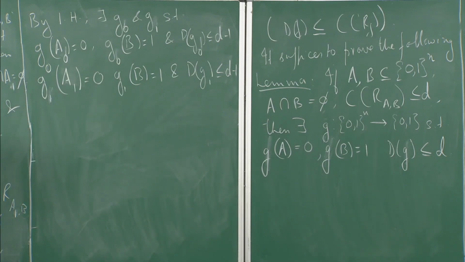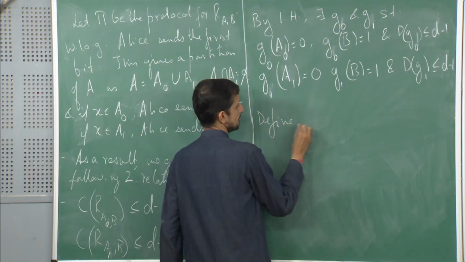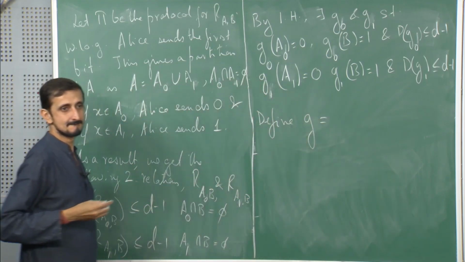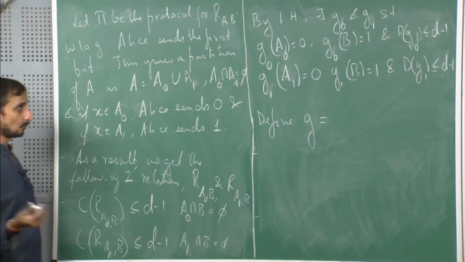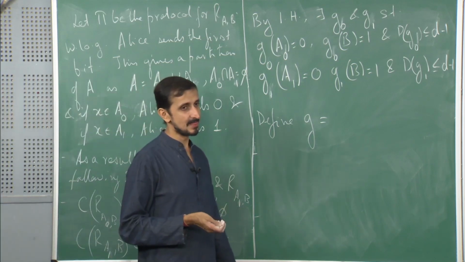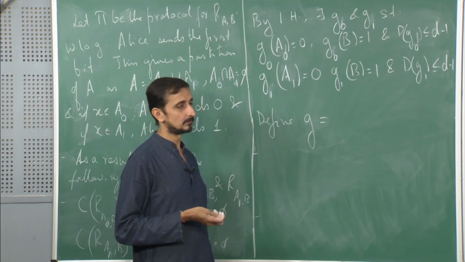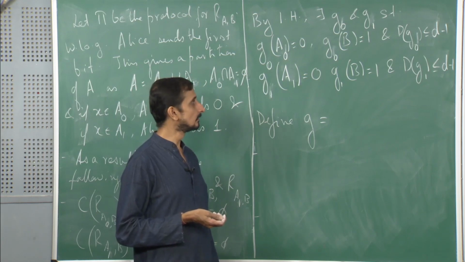How do I define G now? Element of A is going to be 0 either for G0 or for G1, and the element of B is going to be 1 for both of them.